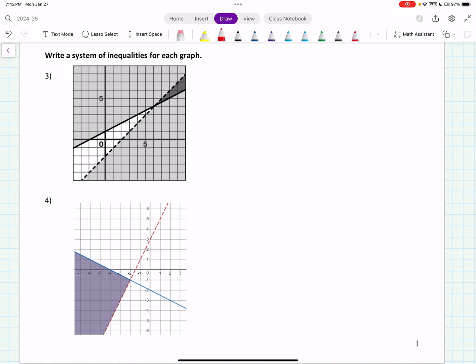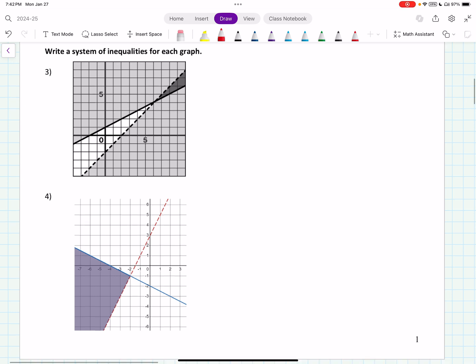Okay, so now we have two boundary lines here, so let's just call them A and B. Boundary line A, and then boundary line B. So let's talk about the first one. First of all, you have to know that this darker region that I've highlighted in red is your solution region.